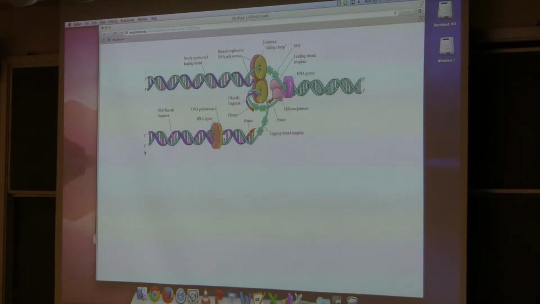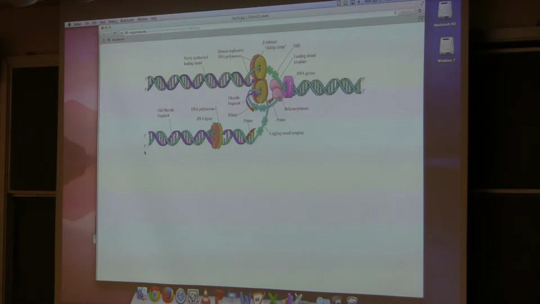So I've been talking so far about one of the DNA polymerases. The one I've been talking about so far that's doing all the work that I've described is called DNA polymerase III. DNA polymerase III is the one you see right there, copying both strands. That's DNA polymerase III right there.